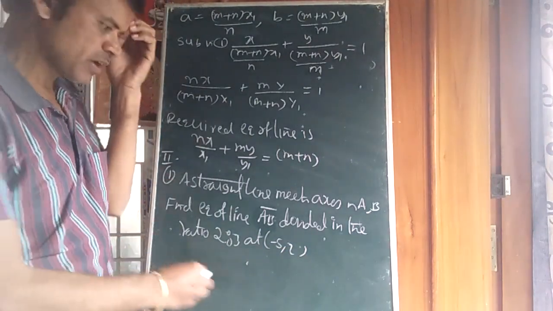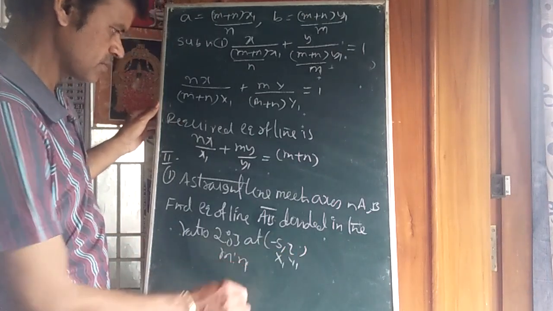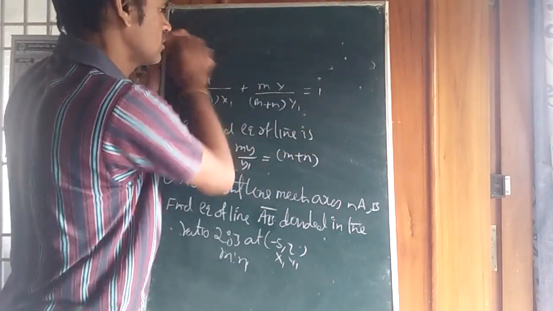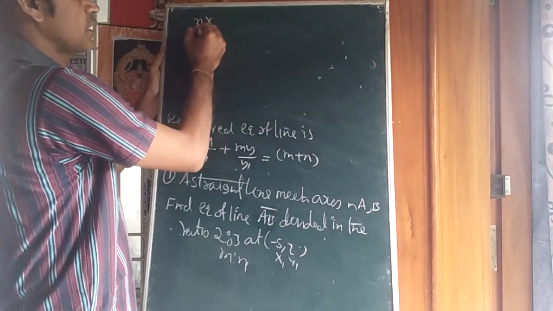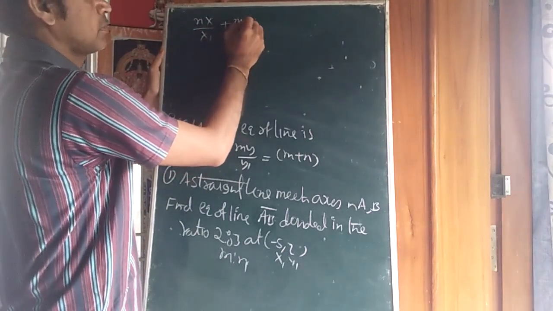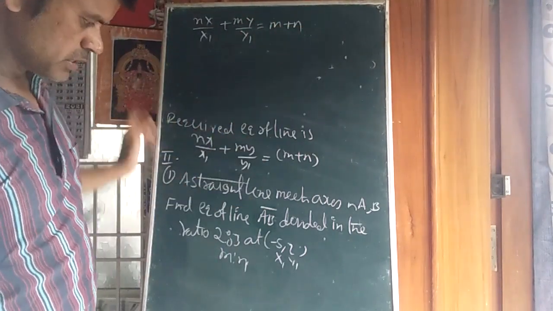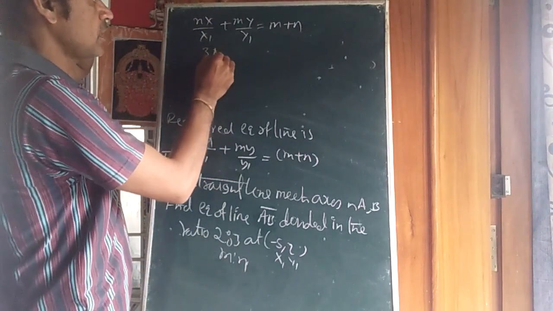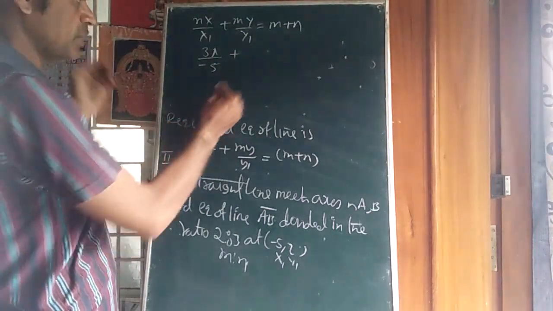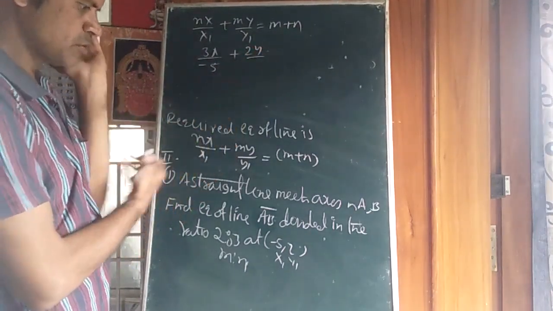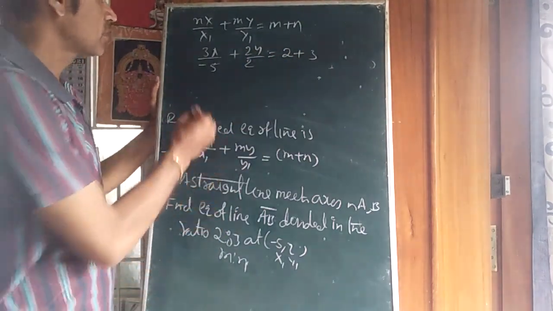As it is, you apply the formula. This is x1 comma y1 and this is m is to n. Write the formula and get the equation: nx by x1 plus my by y1 equal to m plus n. What is n here? 3. 3x by minus 5 plus my meaning 2y by 2 equal to 2 plus 3, because m plus n.